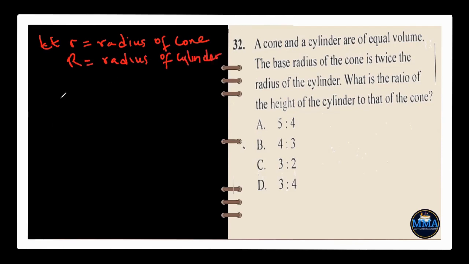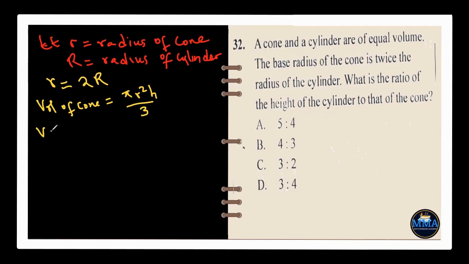Here we are told that the base radius of the cone is twice that of the cylinder. That is, small r is twice big R. We are also told that they have equal volume. That's the volume of the cone and the volume of the cylinder are equal. Volume of cone is pi r squared h all over 3.